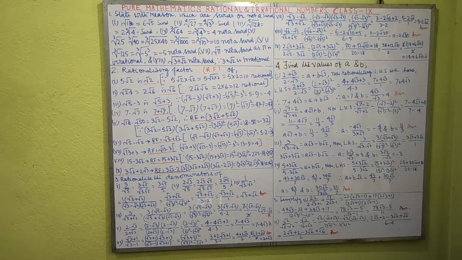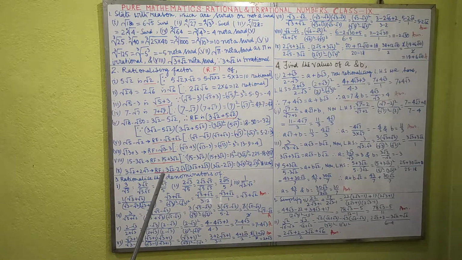In case of root over 24, it is 2 root 6. So root 6 will be its rationalizing factor. 5 root 3, its rationalizing factor will be 5 plus root 3. The reason is given. 7 minus root 7, its rationalizing factor is 7 plus root 7.